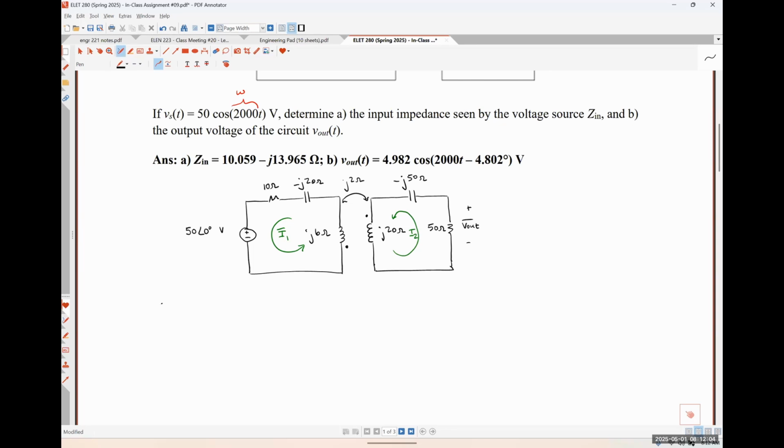Okay. So if you recall, our input impedance Zin was given by essentially our primary loop impedance plus the magnitude of our mutual impedance squared divided by our secondary loop impedance.